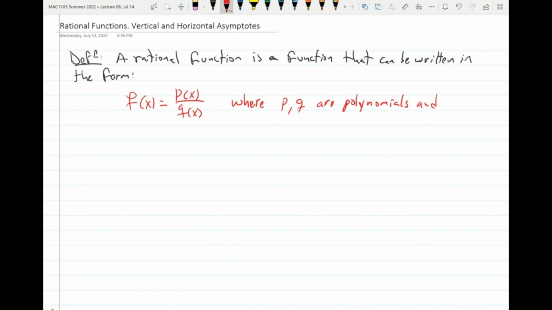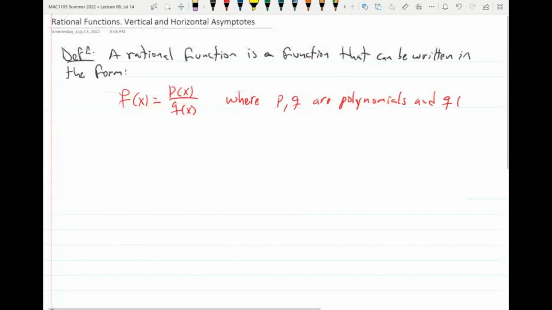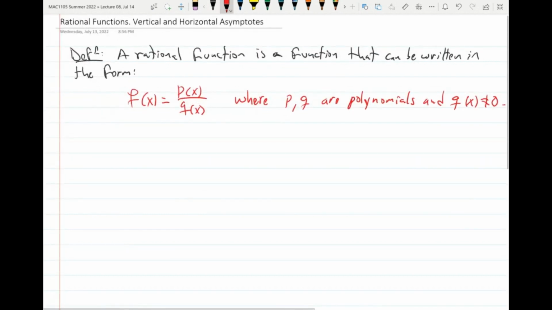And then, of course, q is not the zero polynomial. Okay, so q of x is not the zero polynomial because then, what are we doing?